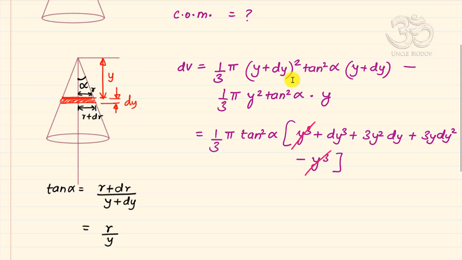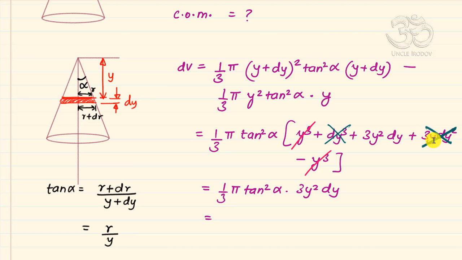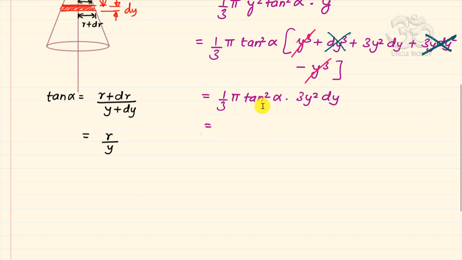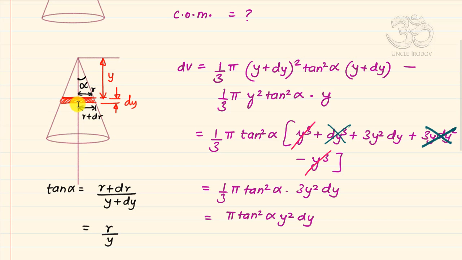I can neglect the dy cube term because it is very small, and the dy square term is also negligible. So I end up with a volume equal to 1 by 3 pi tan squared alpha into 3y square dy. The 3 goes off, so pi tan square alpha y square dy.